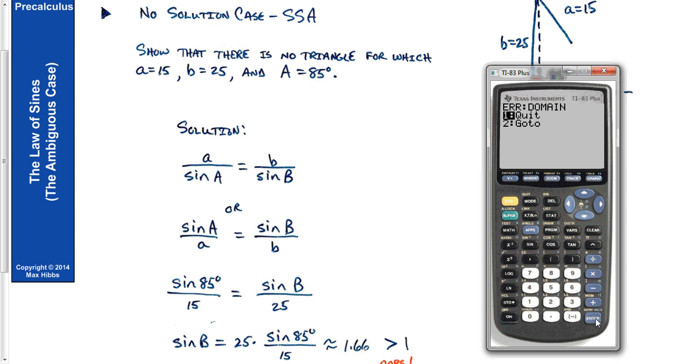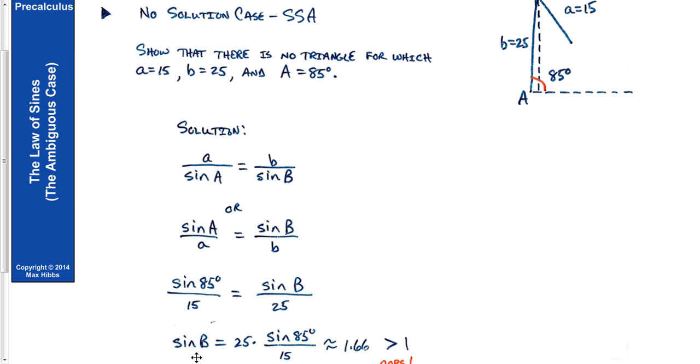It's an error domain, which means that the 1.66 that I put in is not in the domain of the inverse sine. But more importantly here, it gives us a hint that we need to look at something a little more carefully.